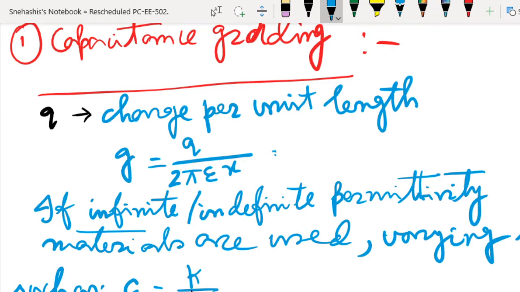That you have to remember. You have to place the dielectric layers in such a way that with increase in their distance from the core, the permittivity of that material should decrease. So as the distance increases, the permittivity of the material should be low.